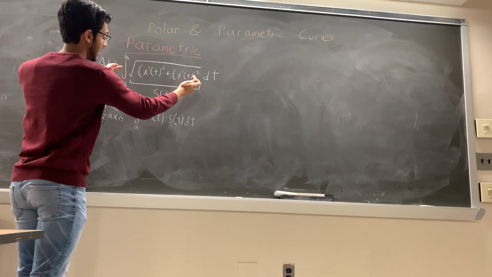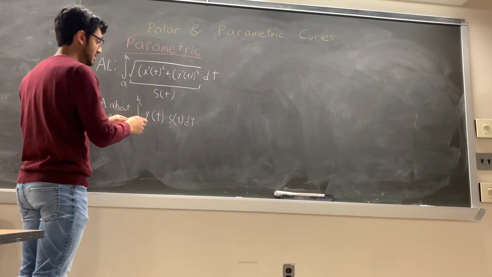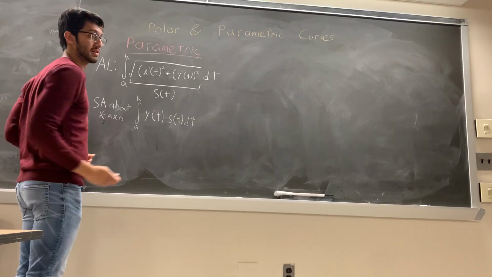So I hope it's clear that in the actual thing, you're going to be taking this whole thing over here, right? So the surface area can be easier to compute. Maybe you can do some kind of u substitution, whereas this sort of thing might be a little bit harder.